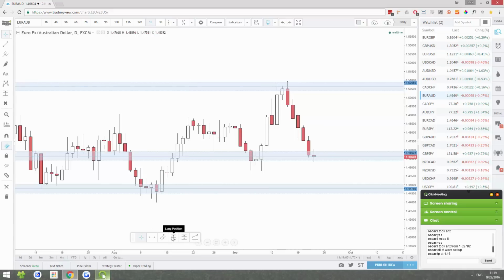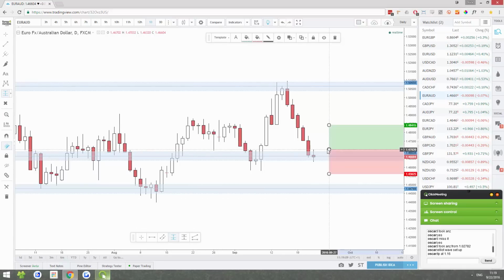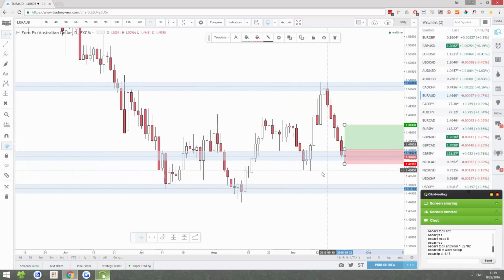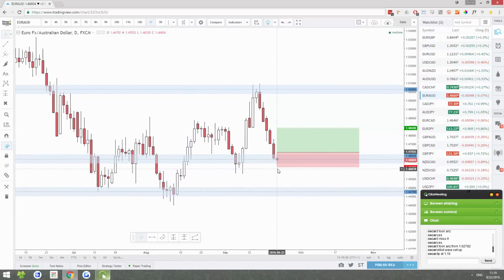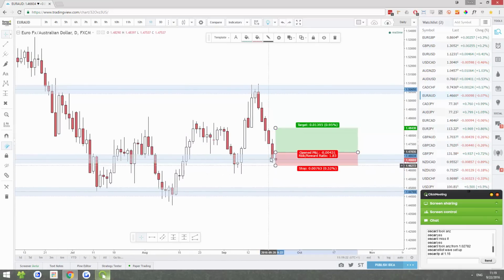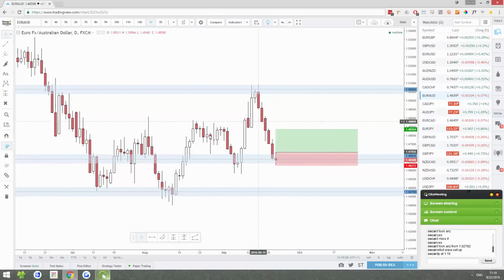So how would I trade this setup? All right, so basically it would be something like this. We can get a 1.7 risk to reward ratio by the time it reaches this minor support resistance here.